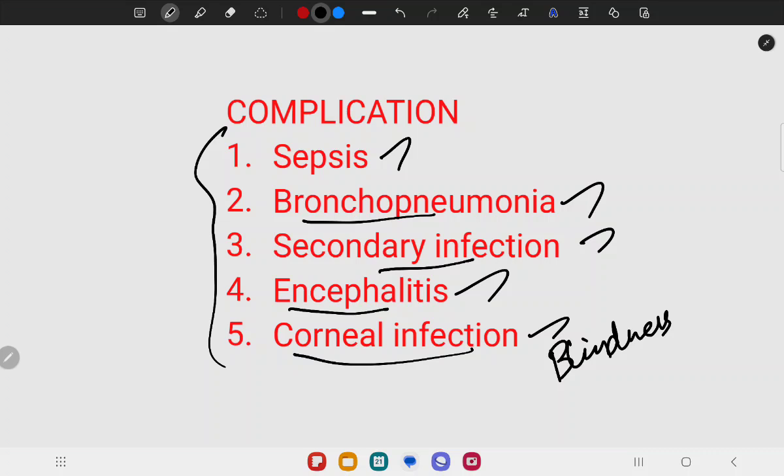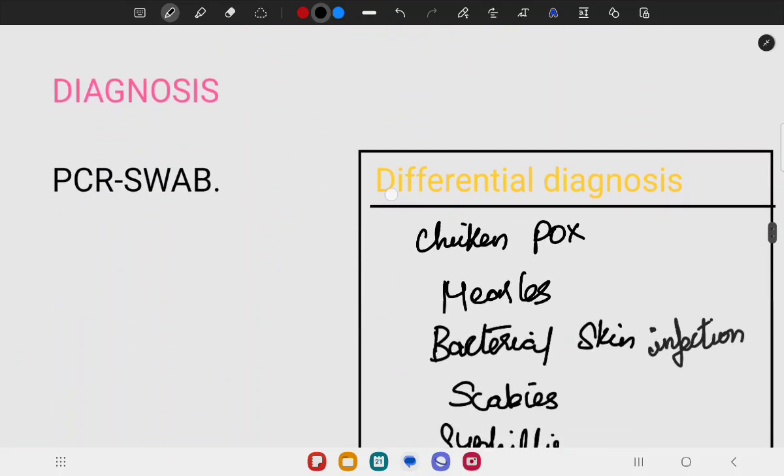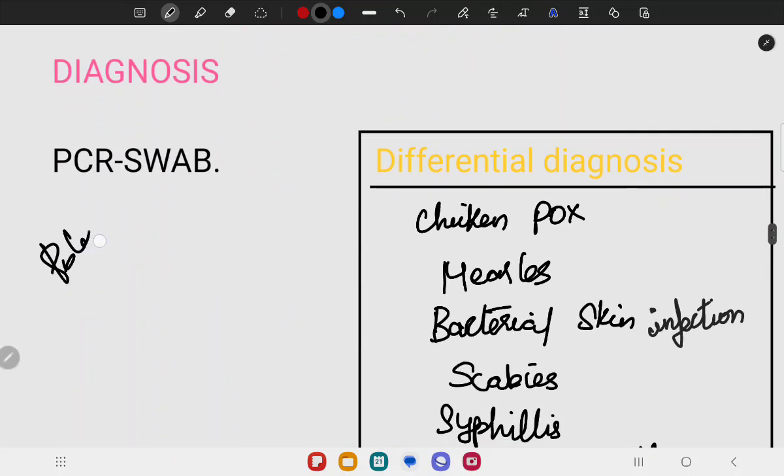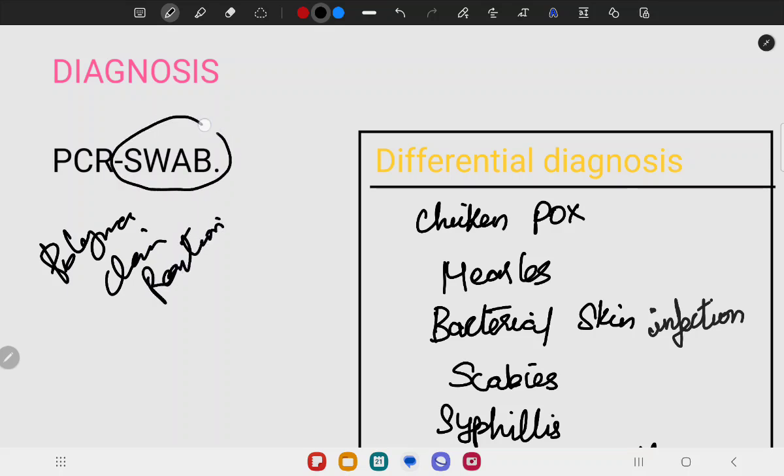Then how can we diagnose the case? We all know PCR, polymerase chain reaction. A swab is taken from the skin lesions, most commonly, and from the oral mucosa and other body fluids.